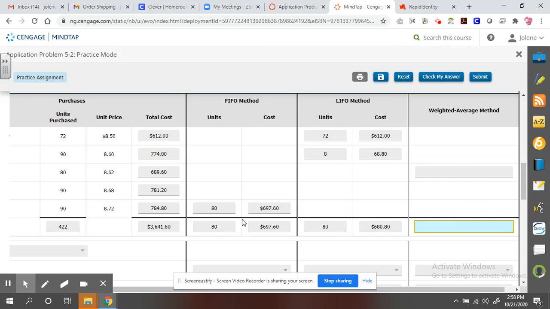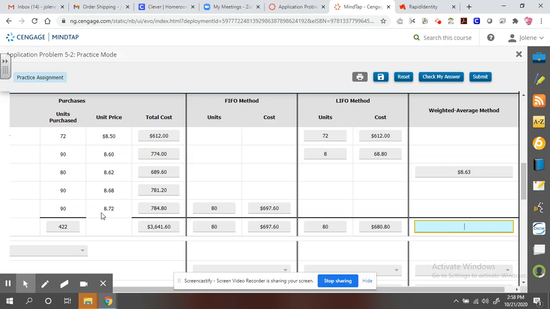And we're going to take to average. So we take our total cost divided by total units, and we have $8.63. And that makes sense.